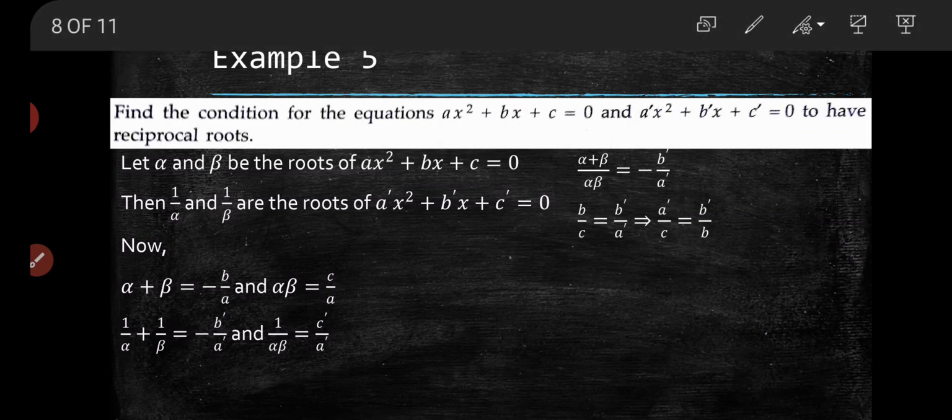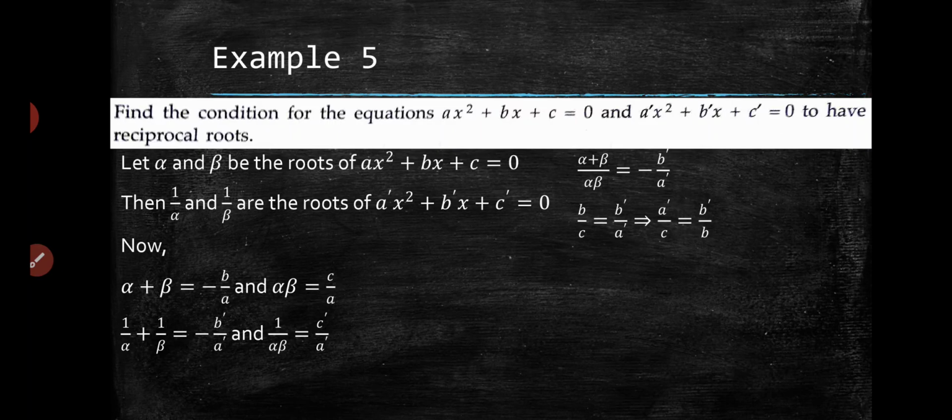Then in the second case, 1 by alpha beta is equals to c dash by a dash, or we can write this as a by c is equals to c dash by a dash, right? So from here again I can write a dash by c is equals to c dash by a. Just follow the relations as it is given.